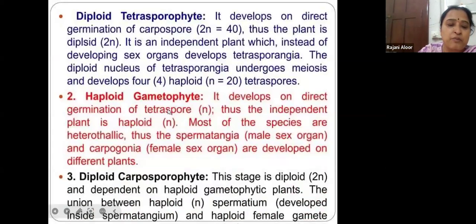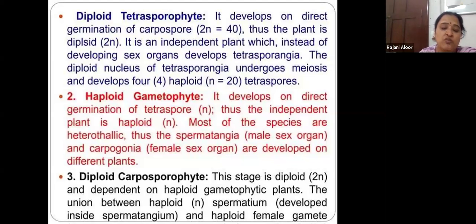After the haploid one, the complete diploid 2n stage is there. Here the carposporophyte depends on the haploid gametophytic stage. The diploid carposporophyte is on the gametophytic plant.